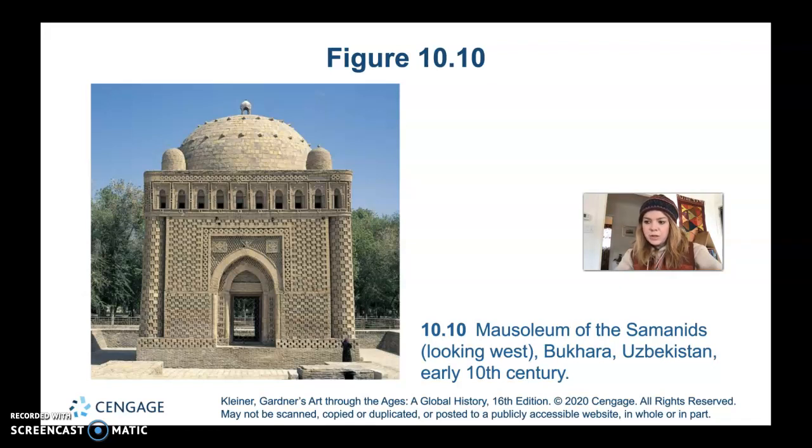And they built this structure called the Mausoleum of the Samanids, and it's located in Bukhara, modern-day Uzbekistan, in the early 10th century. And it's a mausoleum, which is a monumental tomb, and they're fairly rare in the early Islamic period, which is what we're covering right now. So this is a really fairly rare structure for its time period.